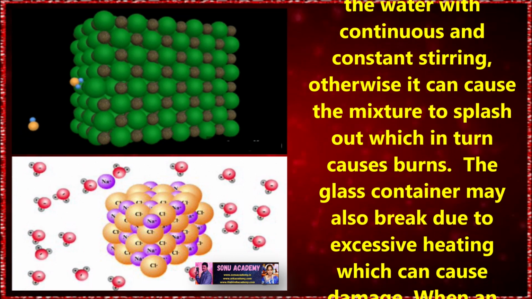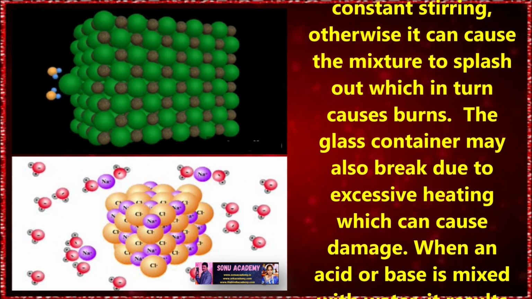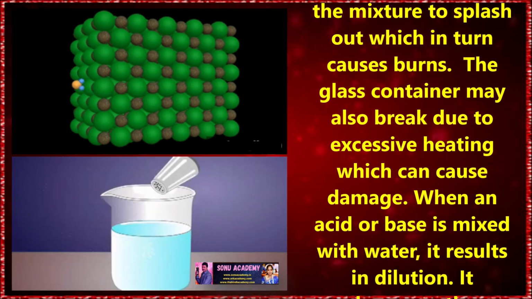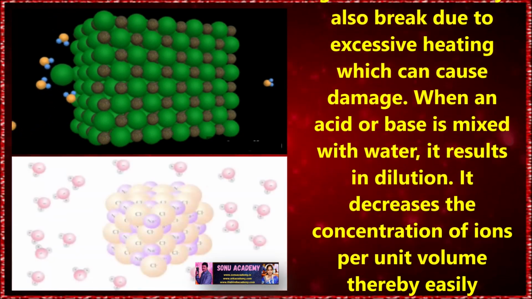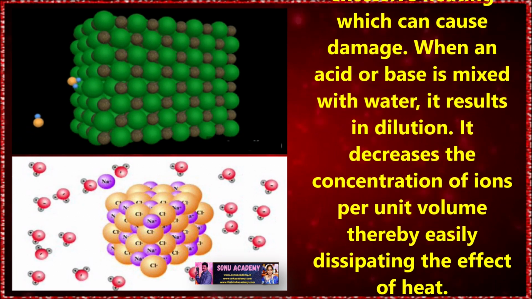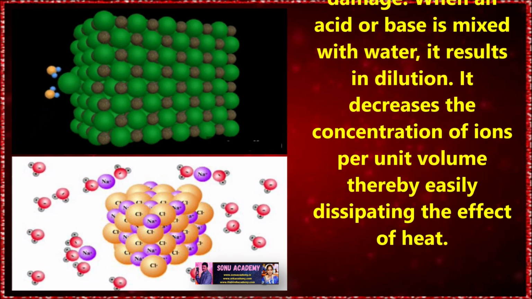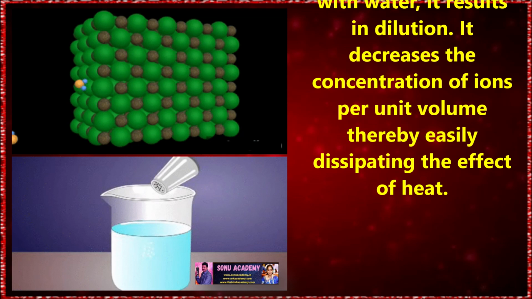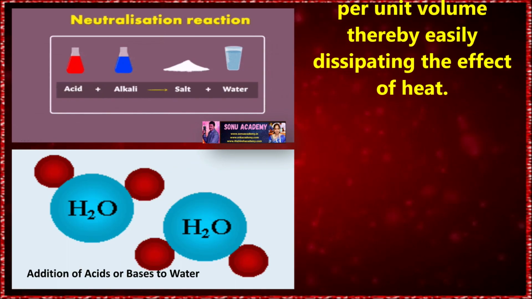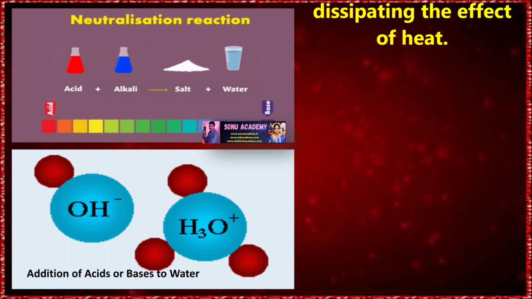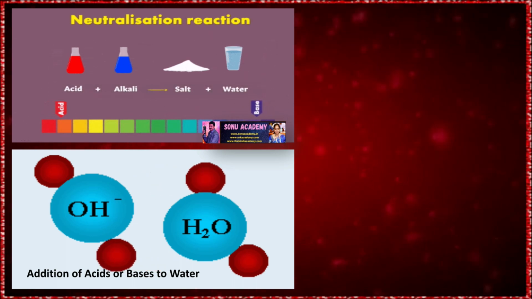Otherwise, it can cause the mixture to splash out, which in turn causes burns. Children, the glass container may also break due to excessive heating, which can cause damage. When an acid or a base is mixed with water, it results in dilution. It decreases the concentration of ions per unit volume, thereby easily dissipating the effect of heat.